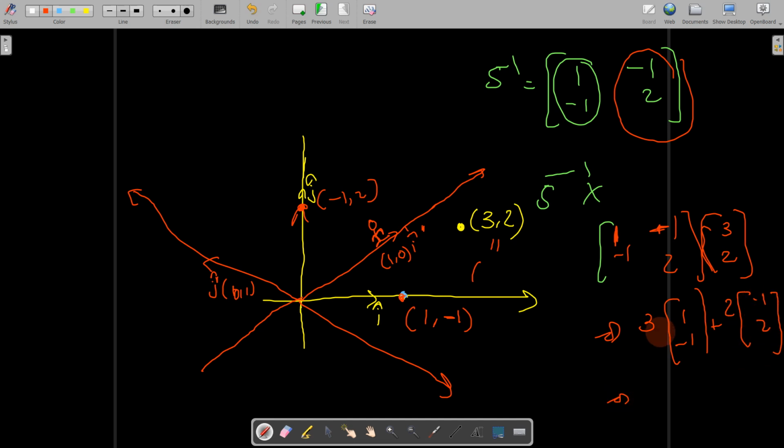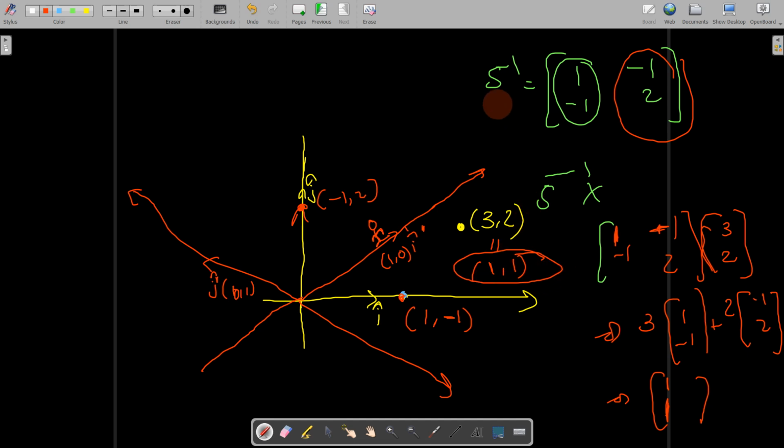So what is your x coordinate? 3 minus 2 is 1, and minus 3 plus 4, right? 4 minus 3 is 1. So this 3 comma 2 in the original yellow coordinate system, this same point has become 1 comma 1 in the eigen coordinate system. I hope you have understood.